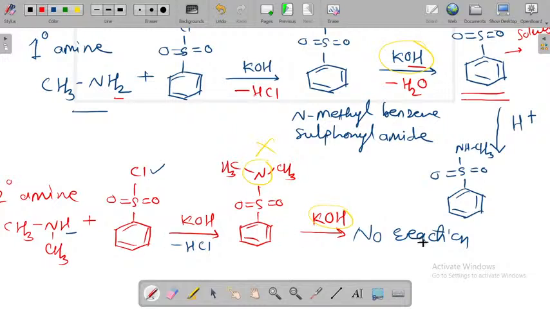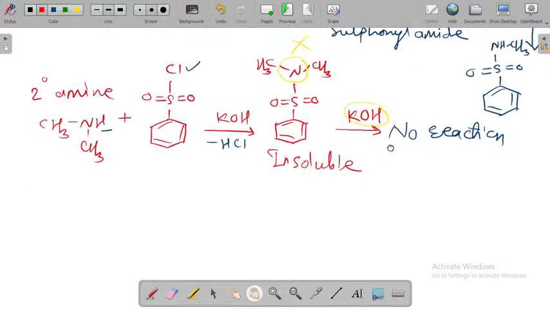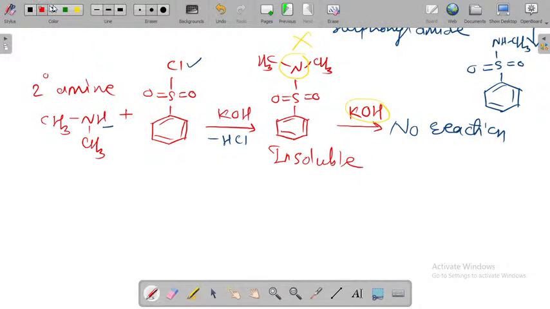Understand? So it does not give any reaction because there is no such proton which will be abstracted by the KOH, and it is insoluble in water. Now we'll see the reaction for tertiary amines.